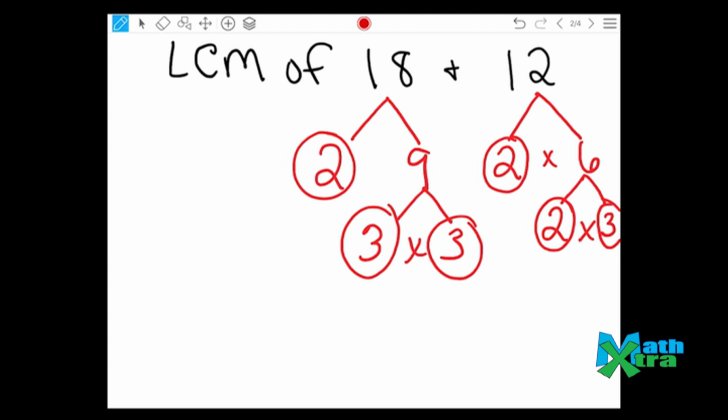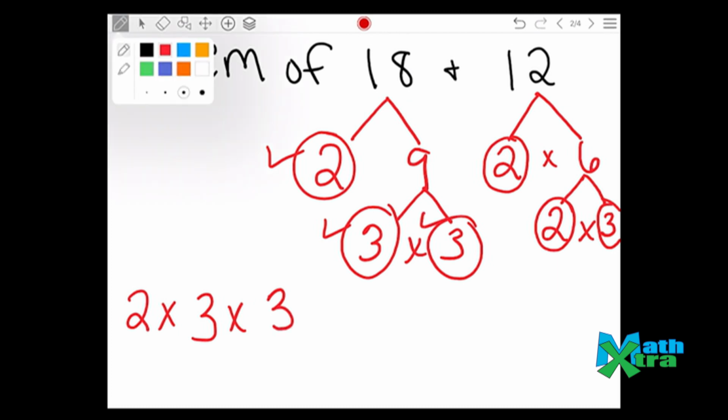So let's look at our prime numbers here for 18. 2 times 3 times 3, okay? We know it's going to be at least 18. Now we need to go over here and look at the 12 and look to see what numbers are already accounted for. We have this 2 over here. 2 is already accounted for, okay?